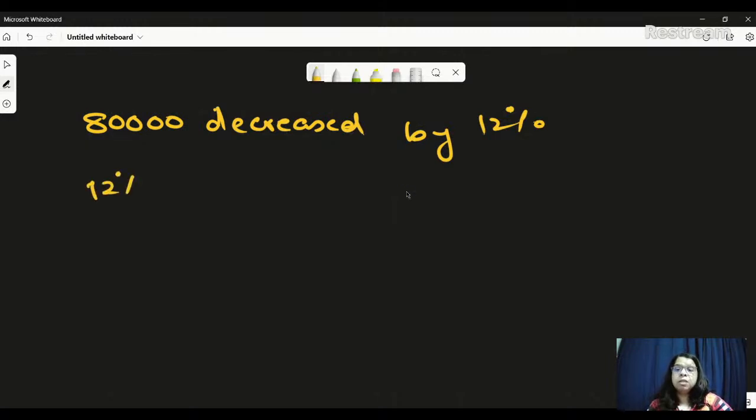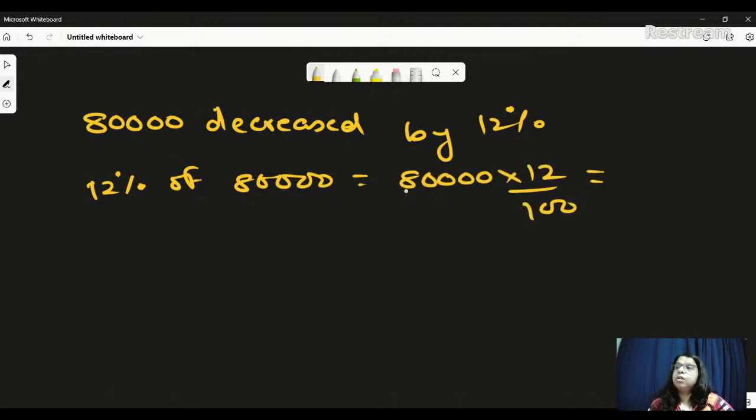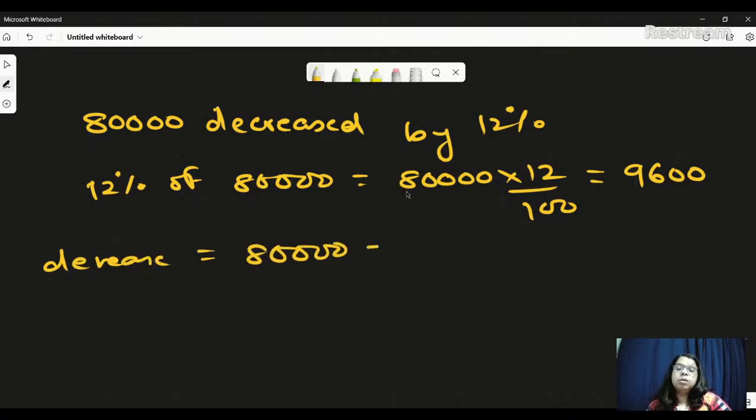So 12% of 80,000 is equal to 80,000 multiplied by 12 over 100, which is equal to 9,600. We have not finished it yet. So the decrease is going to be 80,000 minus 9,600, and that is going to be 70,400.